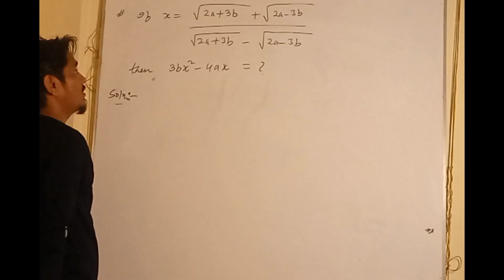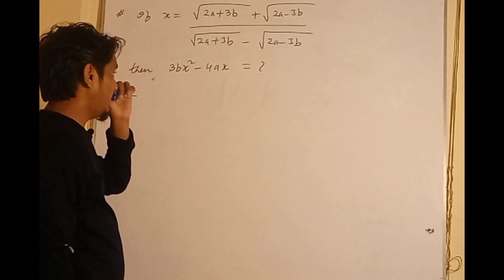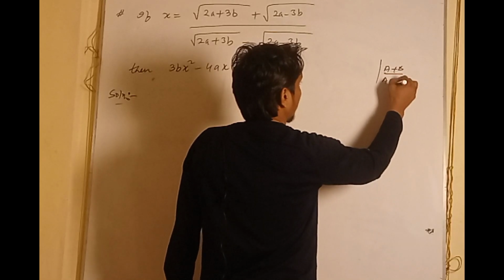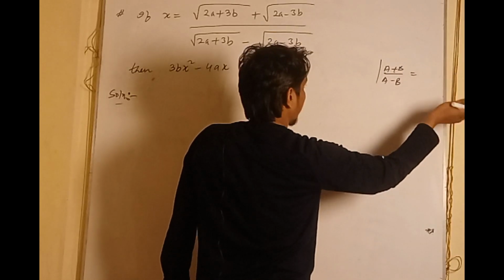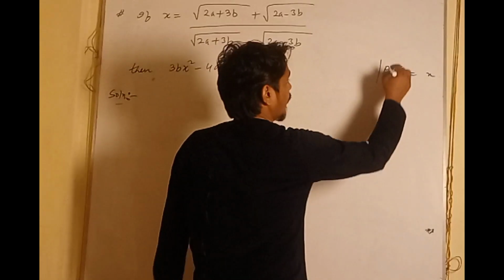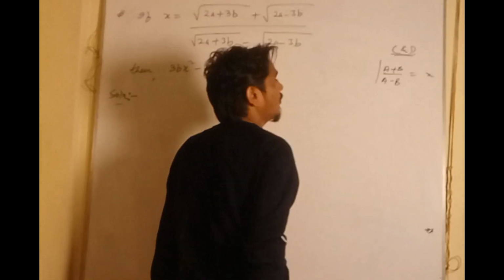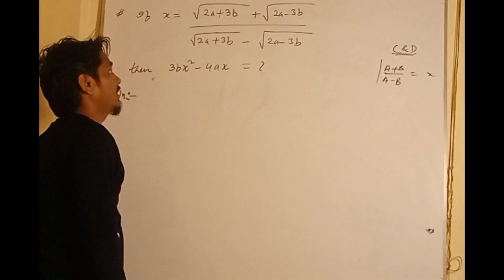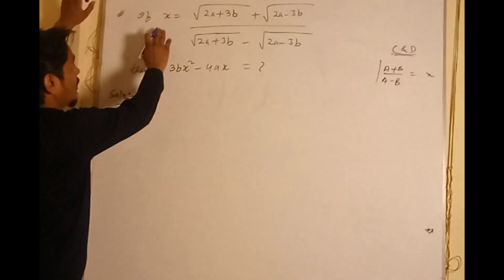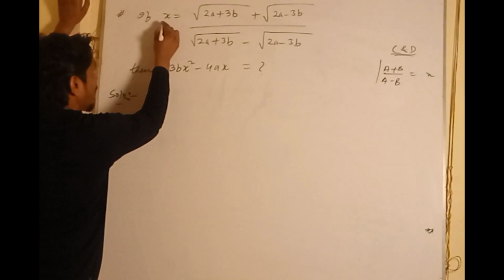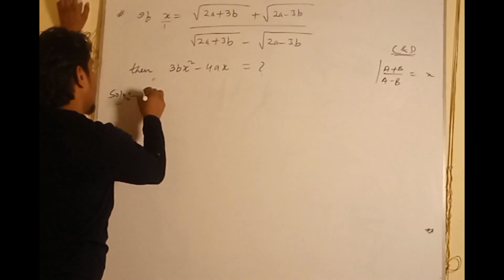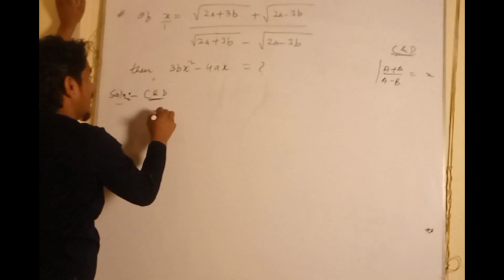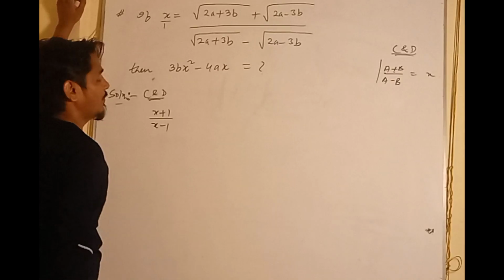If this kind of question is there, as I already said, whenever we have something of this format, a plus b over a minus b is equal to something, always go for C and D, componendo and dividendo. That will simplify both numerator and denominator of the expression. By using C and D here, as on the left we have x, meaning the denominator is 1, by applying componendo and dividendo, what we get on the left is x plus 1 over x minus 1.